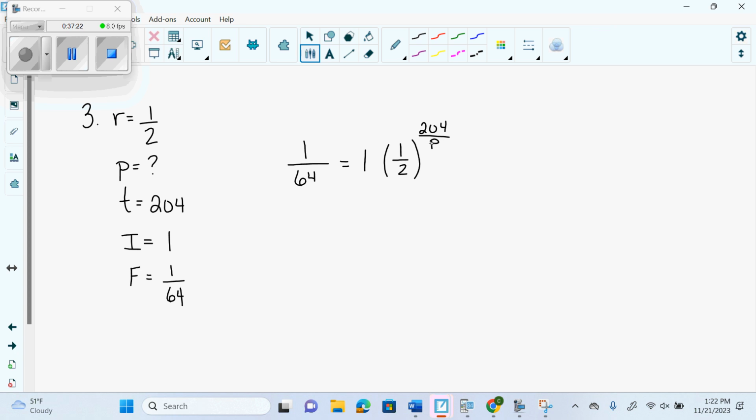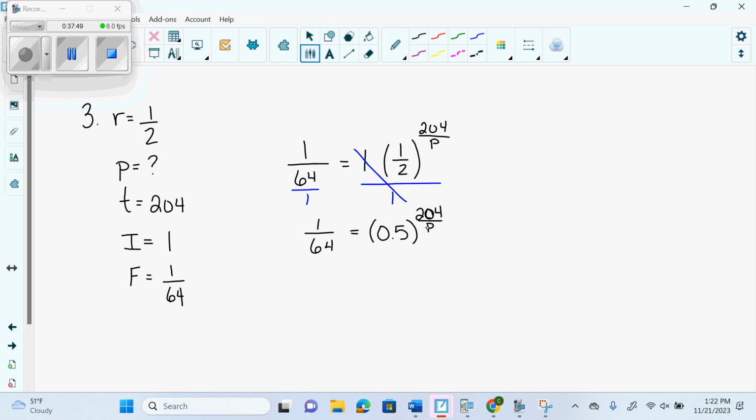You have to do this every single time. And what I always have to do is divide my initial over first. Dividing by 1 does nothing, but I'm doing it to prove a point. So I get 1 over 64 equals a half, or 0.5, to the 204 over P.